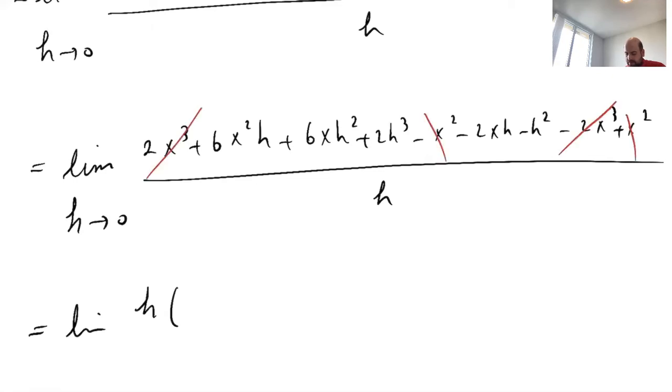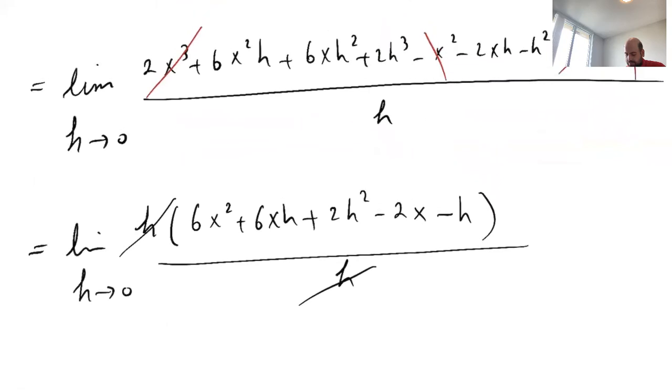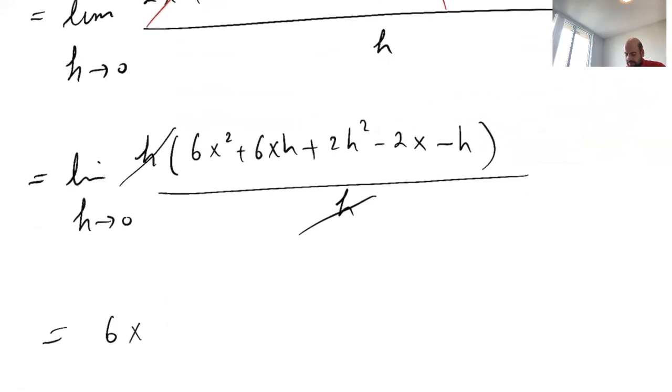So we are left with h times 6x squared plus 6xh plus 2h squared, and then minus 2x minus h, divided by h as h approaches 0. Now h cancels with h. And then this is 6x squared minus 2x.